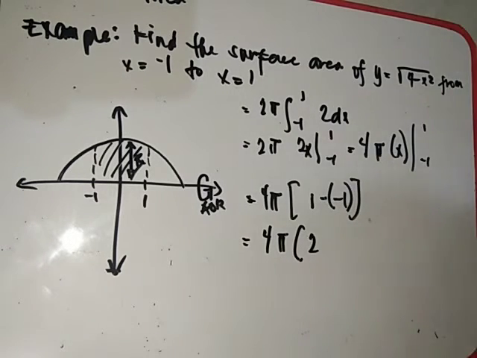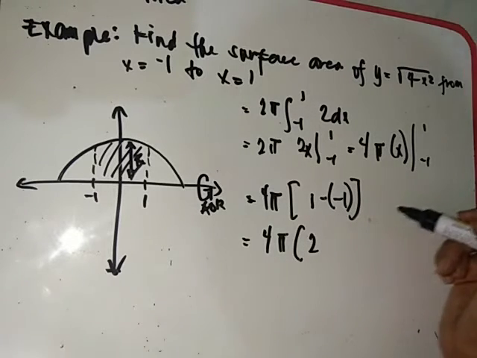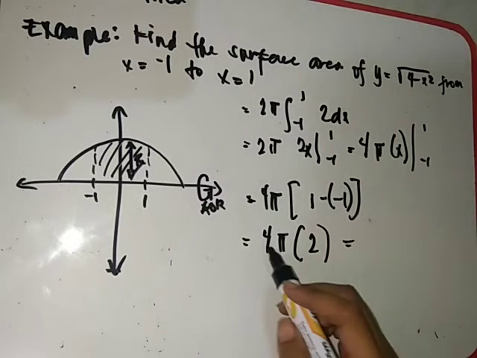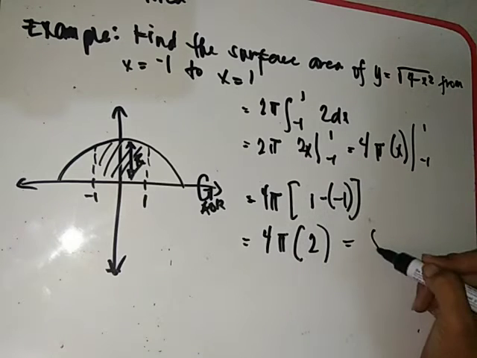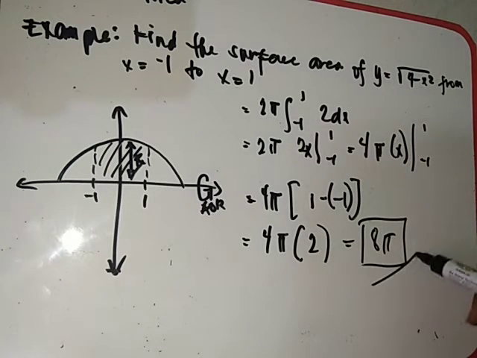Negative times negative is positive, so 1 plus 1 is equal to 2, and that is equal to 4 times 2 is 8 pi. So this is the final answer for our example in surface area. So let's move to the next topic.